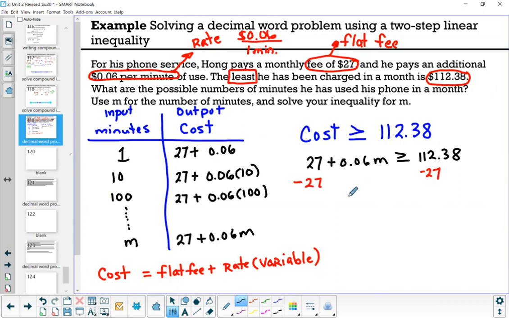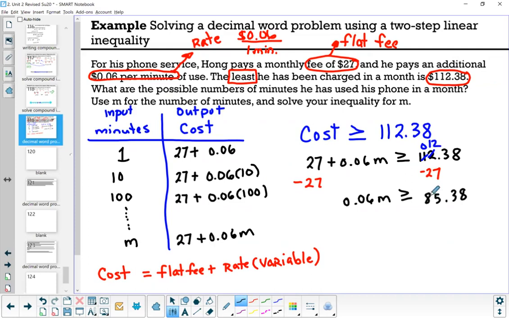So we have 0.06 M is greater than or equal to, all right, so we have 0.38 doesn't change, but I am going to need to borrow. So from the 1, that's 0, and then the 2 becomes 12. So 12 minus 7 is 5. And then 10 minus 2 is 8.